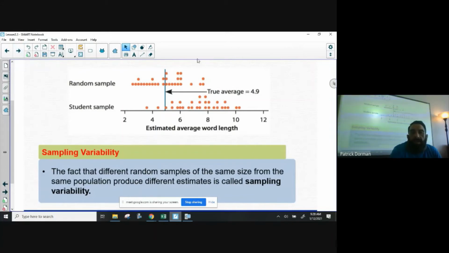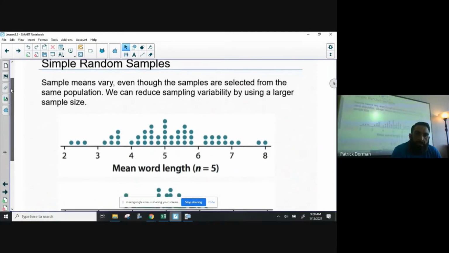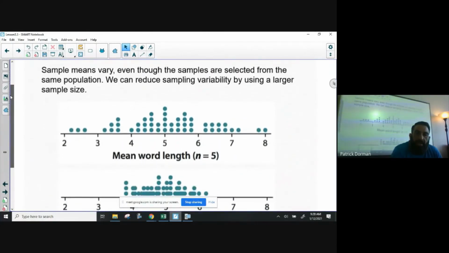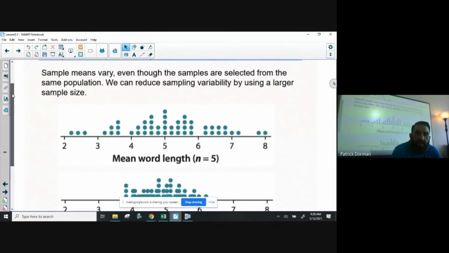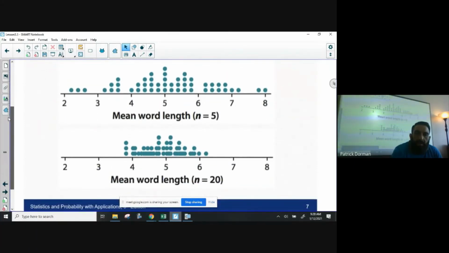So if we look at these two right here, this random sample has a lower amount of variability than this student sample, because we can see the student sample is more spread out. And that's essentially what we're looking for. And like I was saying, the way to decrease sampling variability is by using a larger sample, which you can see here.